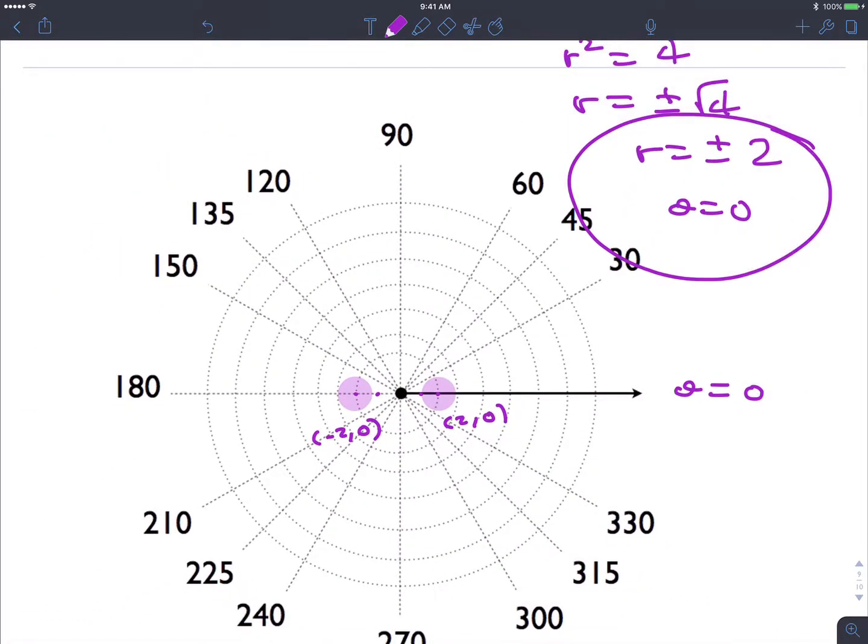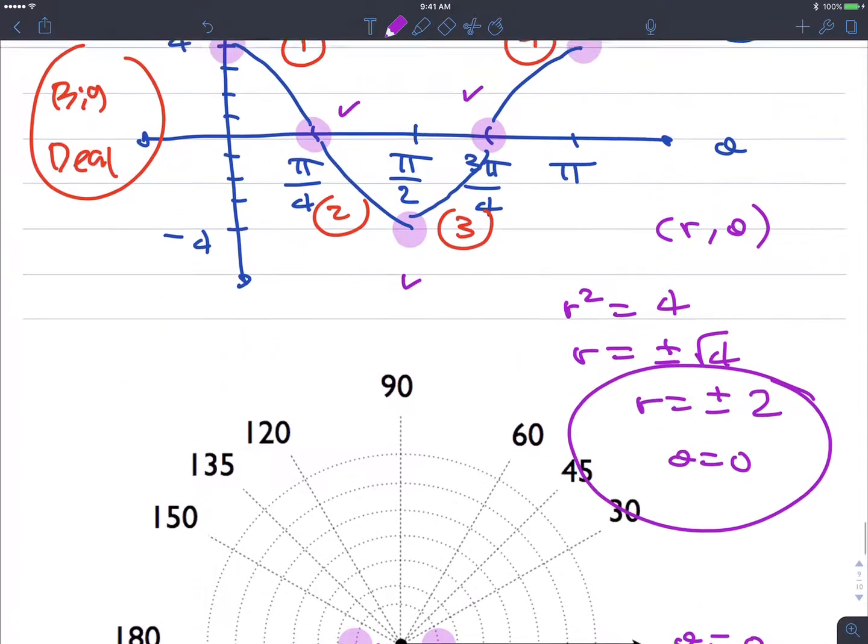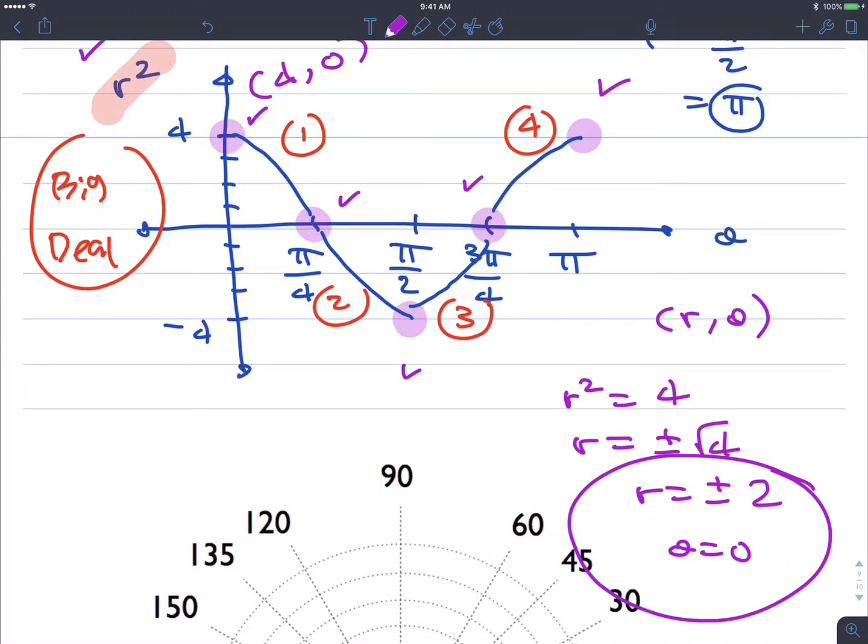You guys okay with that? That's when theta is 0. So I have actually 2 starting points. That's key to my figure 8, my Lemniscate. 2 starting points. Okay, now let's remember here. What's our next point then? We got to go from both directions to this point over here. What's this point going to be? Anyone want to tell me what this point is right here?